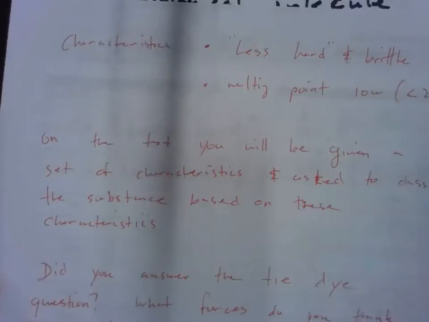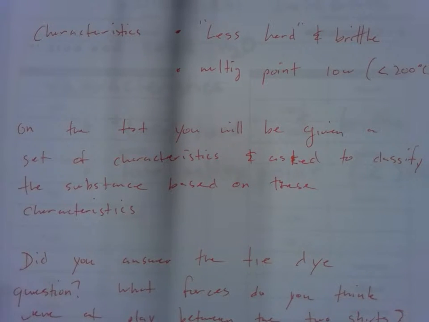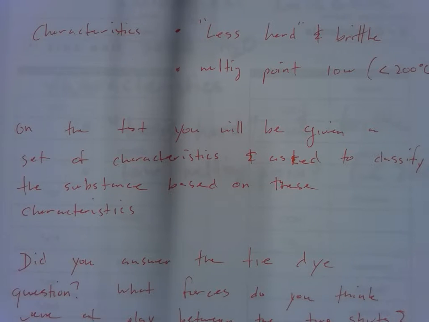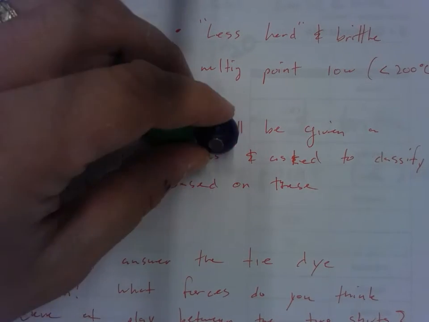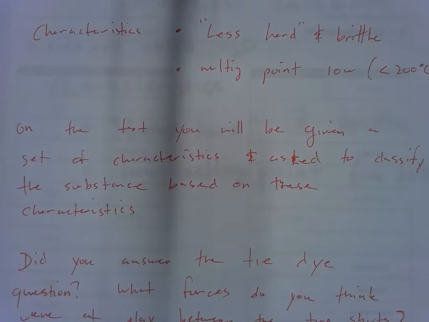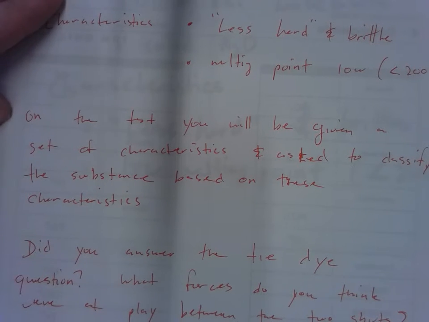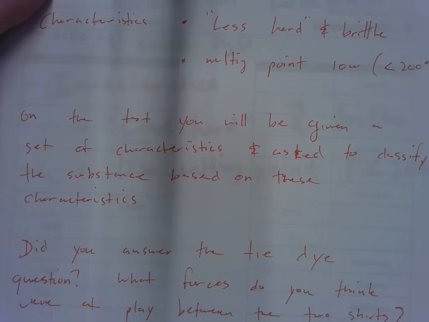So you'll be given a little drawing of a crystal or clumps of molecules interacting with one another, or perhaps even asked to draw a Lewis structure, and then you're going to be asked which group the solid falls into based on the characteristics.